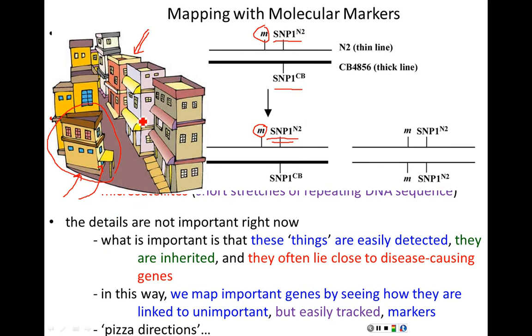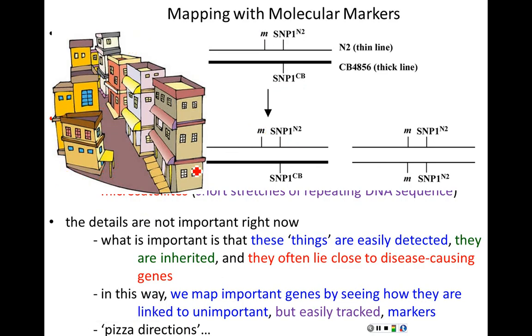So if you know that the gene of interest is on the same block as your marker, if you know that the gene of interest is on the same physical human chromosome as your molecular marker, you track the presence of the gene by measuring the presence of the marker. It's as simple as that.